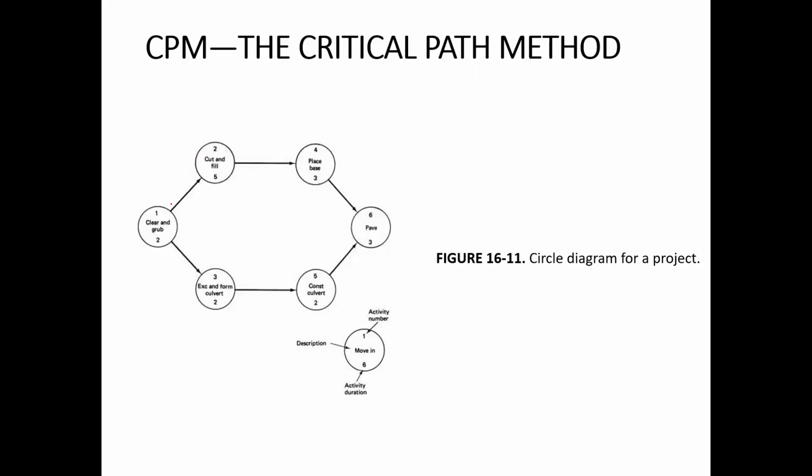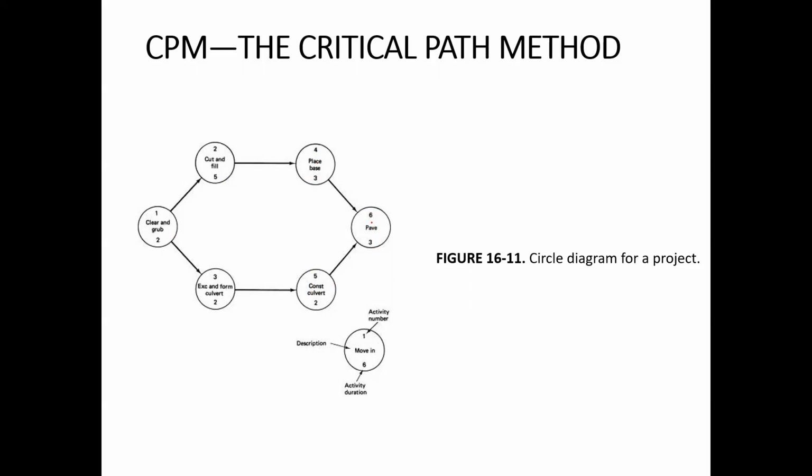So we can say that 1 has no preceding activity, 2 has a preceding activity 1, 4 has a preceding activity 2, 3 has a preceding activity 1, but 3 has no preceding activity 2. So 3 has only 1 preceding activity. Similarly, 5 has a preceding activity 3, but 6 has 2 preceding activities, 4 and 5.